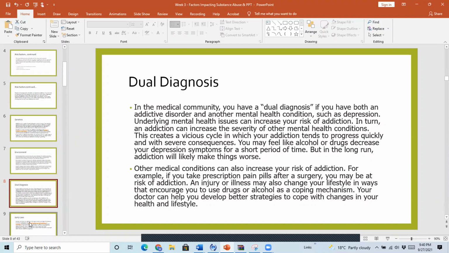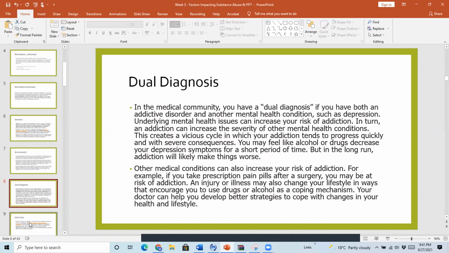So you're going to have a dual diagnosis. So not only are you diagnosed with an addictive disorder, but you may also be diagnosed with a mental health condition. This is not uncommon. And oftentimes the two go hand in hand. This is why this course is titled Addictions and Mental Health, because the two go hand in hand. It's not uncommon to be diagnosed with, let's say, an addictive disorder and then also experience underlying mental health issues.